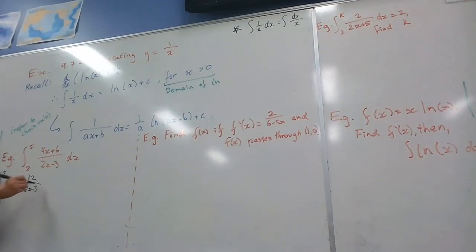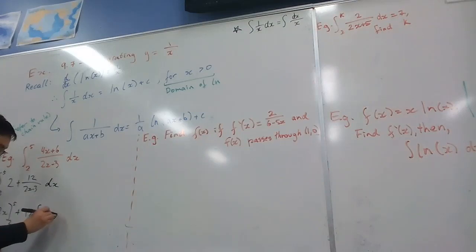So you end up with this, and don't forget your dx, which then becomes, because I'm anti-deriving, 2x from 2 to 5, and then plus, I'm going to take this out first, 12 times the integral of 1 over 2x minus 3 dx.